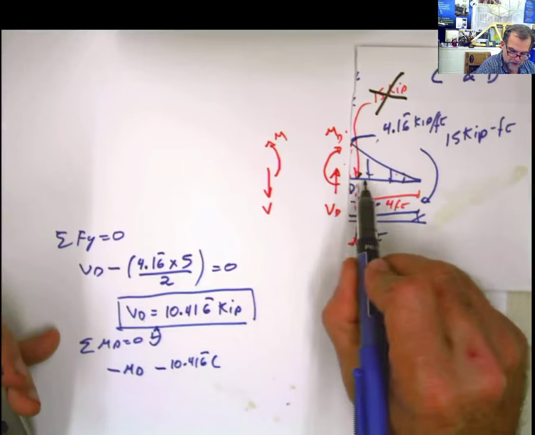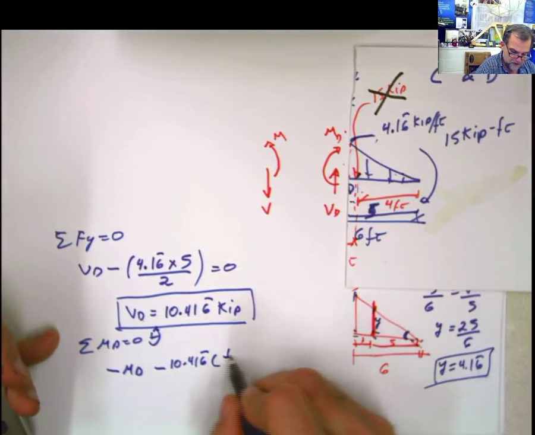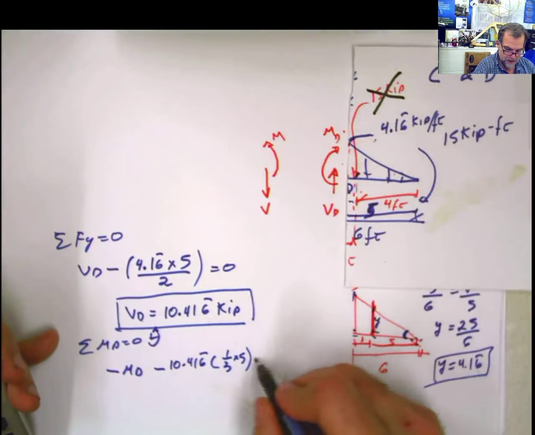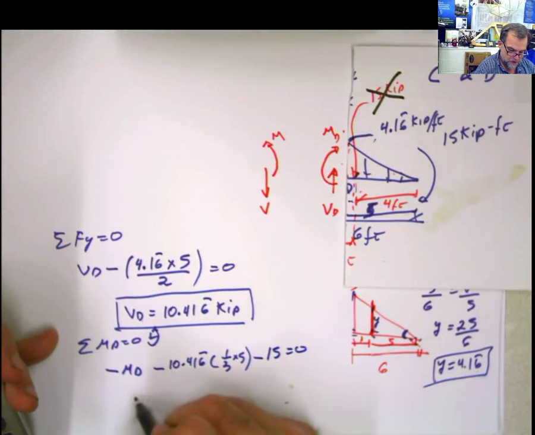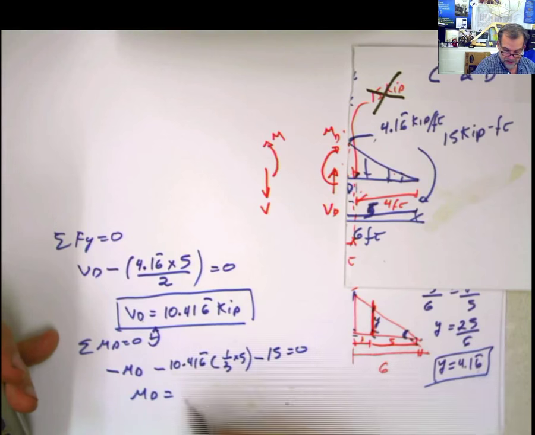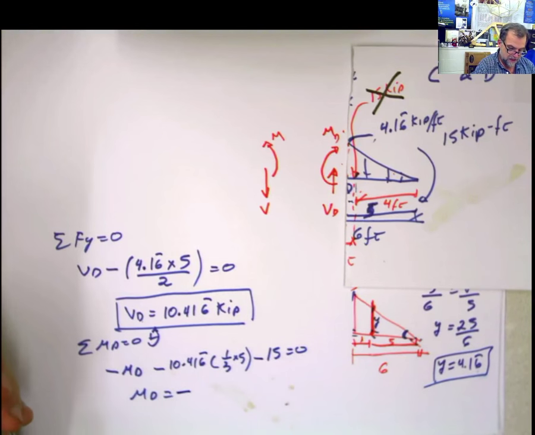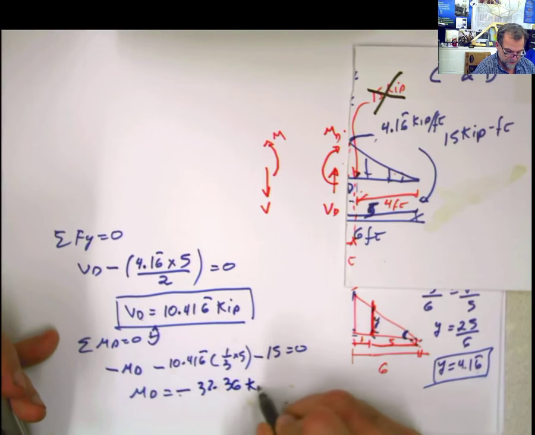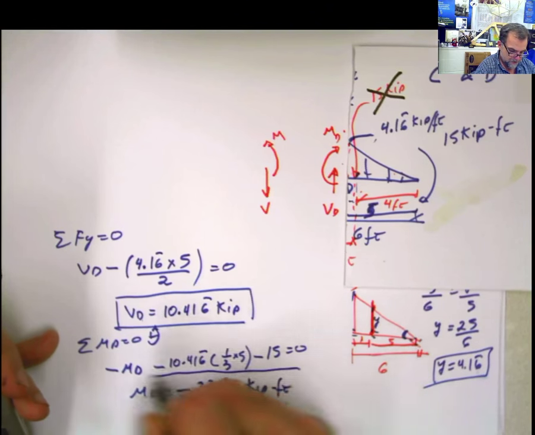The distance from here to here is 1/3 of the base, and the base is 5, so 1/3 of 5, and I have this other moment here, minus 15 equals 0. So my moment at D, if I pass this to the other side, is going to be this value multiplied by 5 divided by 3 plus 15, and that's going to be equal to 32.36 kip feet, and that will be the moment.